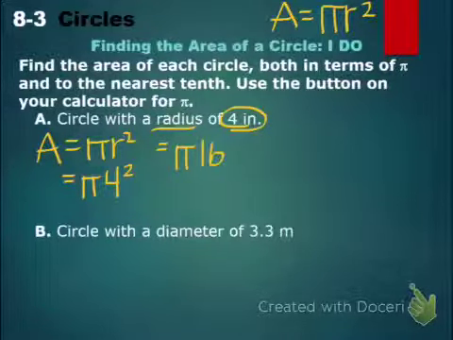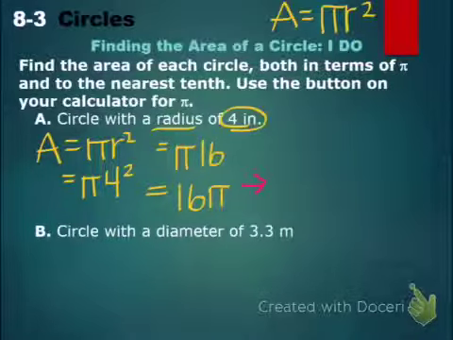So in terms of pi, the area is 16 pi. And using the calculator and using the pi button for your pi estimation, we're going to get 50.3 inches.